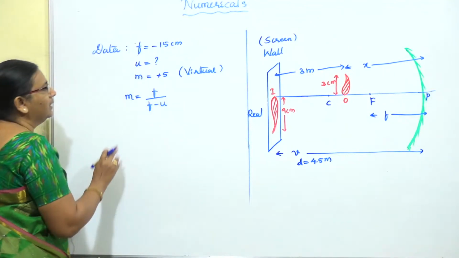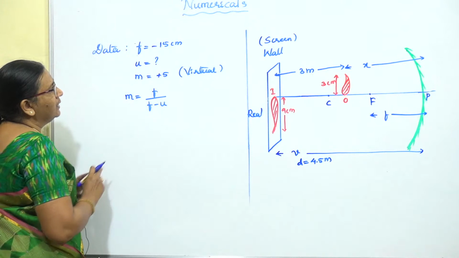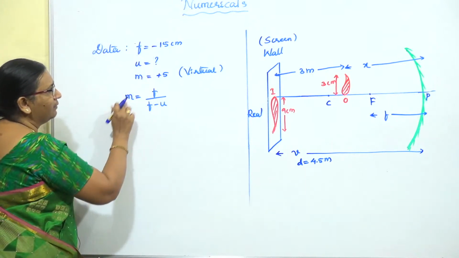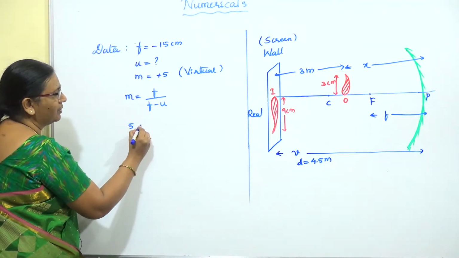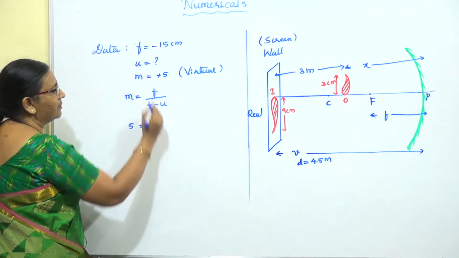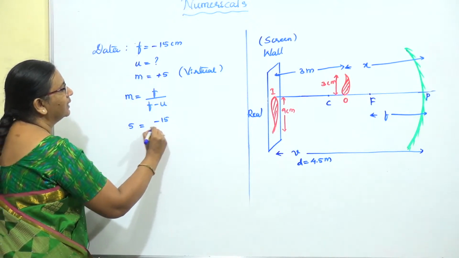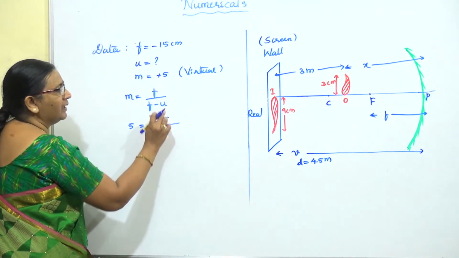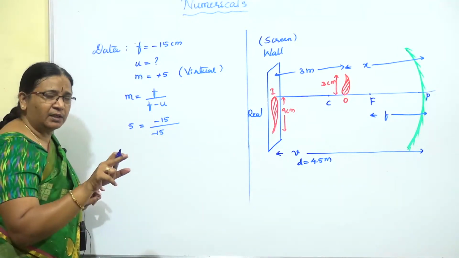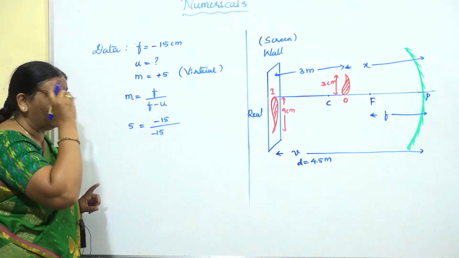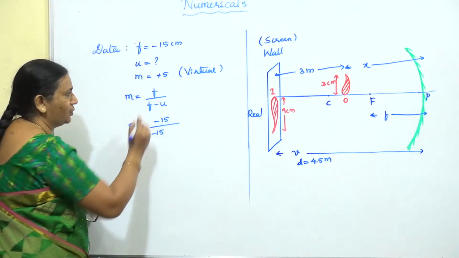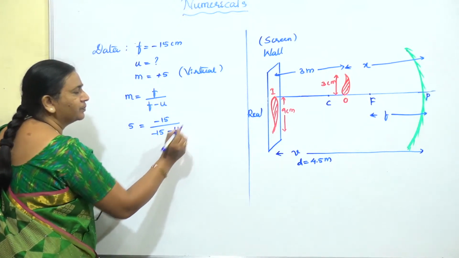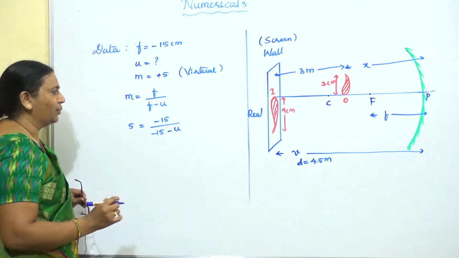Okay. Just substitute the values. The focal length is given, minus, we have taken. Fill in the values, very simple question. m is 5, this is minus 15 divided by minus 15 minus u. U is what we are determining, so for that we should not apply the sign convention. So keep it as it is, minus. If it's given I will apply it, otherwise I will not. Okay.